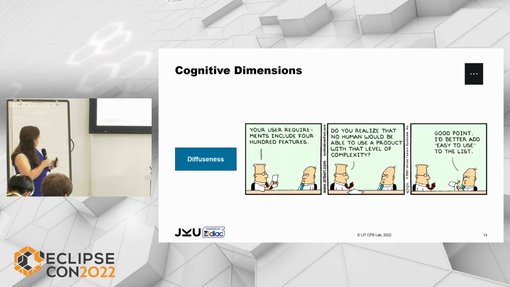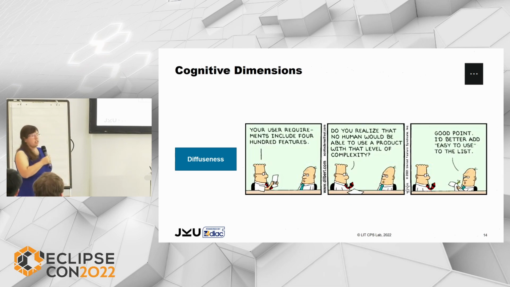One last dimension that I have specifically on the slide here is diffuseness. It was originally defined as the verbosity of the language, so if there are very long words.